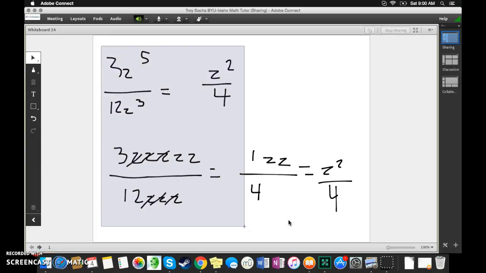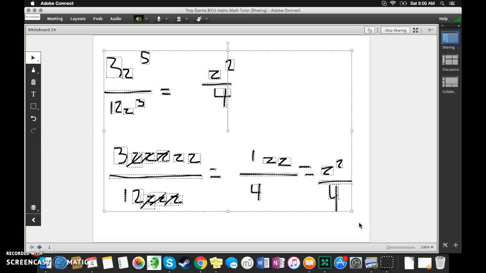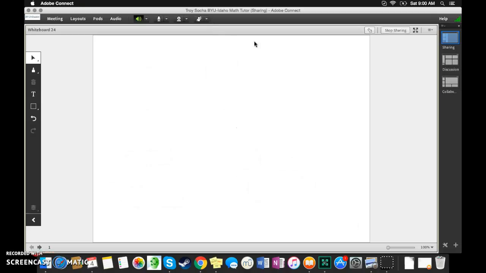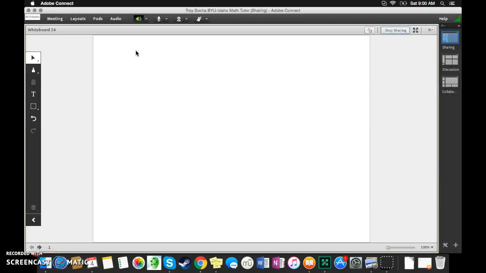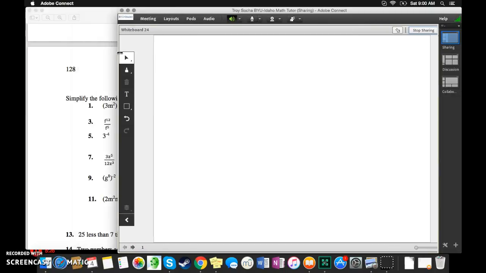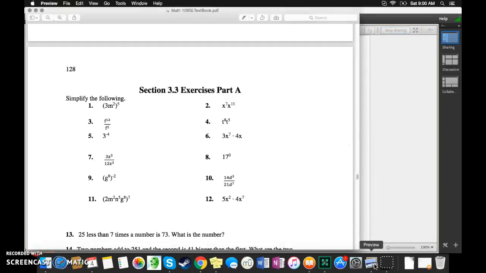Division also helps us describe another portion. It helps us describe negative exponents.